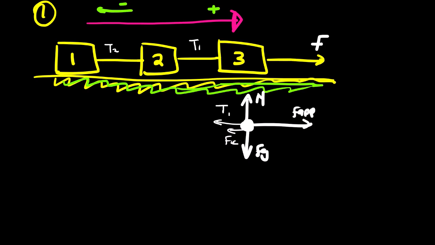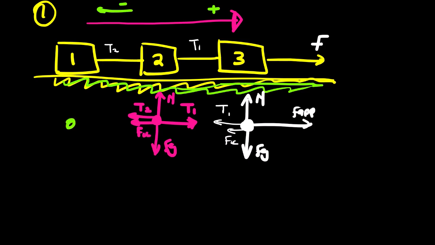So we go ahead and draw a free body diagram for our next object, which is 2. So we have normal force, Fg. Object 2 moves to the right due to T1. Remember that it doesn't experience any force applied. Then we have T2 in this direction, and we have kinetic friction.